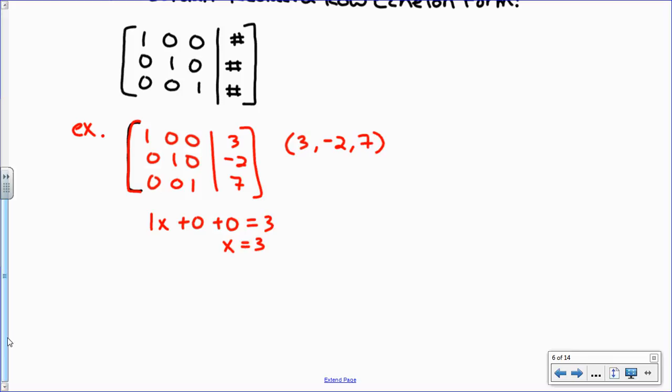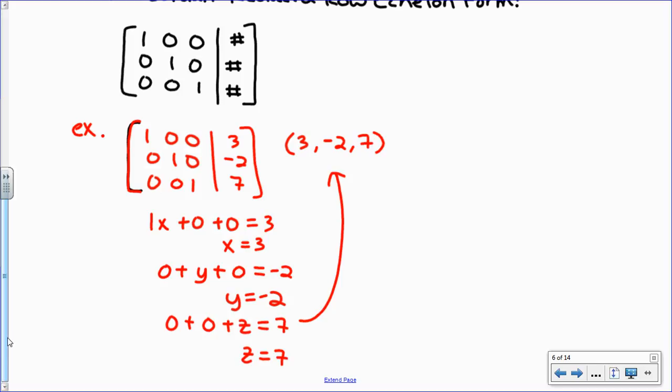Here is 0x plus 1y plus 0z equals -2. So that tells you y is -2. Okay. And then this one is 0x plus 0y plus 1z equals 7. And so that's z equals 7, which gives you that solution.